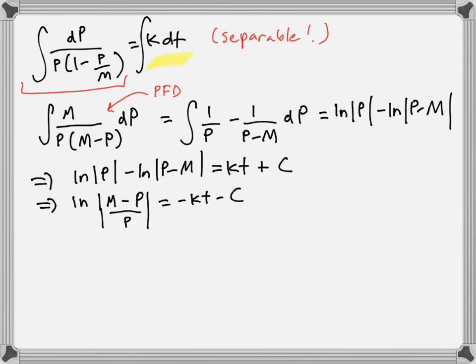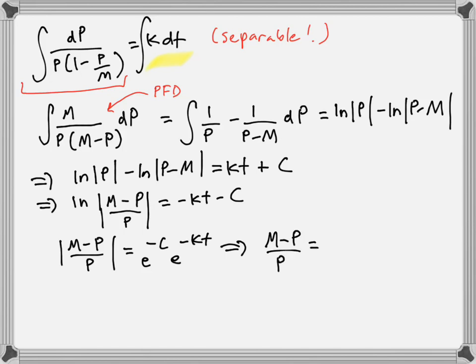Now take e to the power of both sides, and we end up with (M minus P) over P is equal to e to the negative C times e to the negative kt. This implies that (M minus P) over P is equal to plus or minus e to the negative C times e to the negative kt.